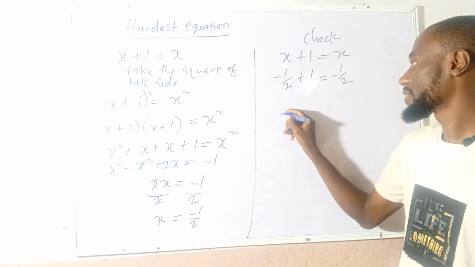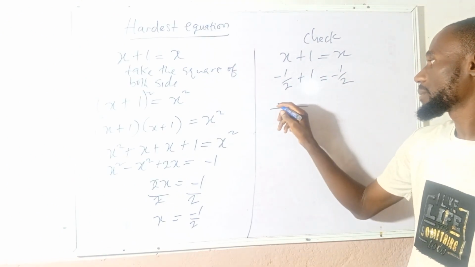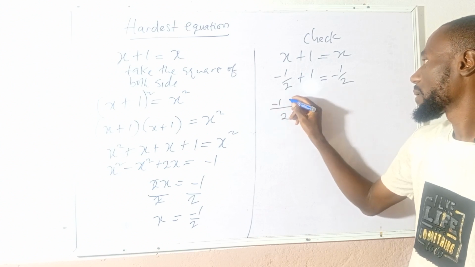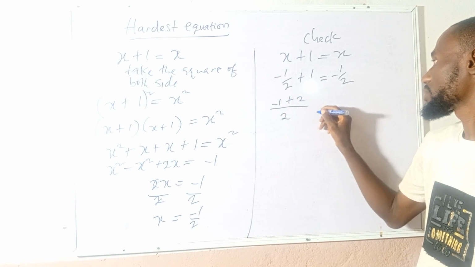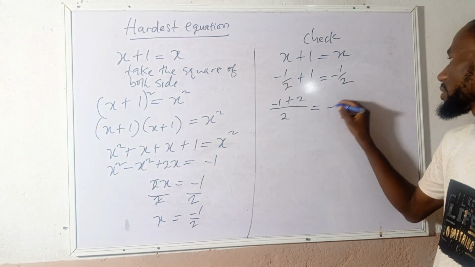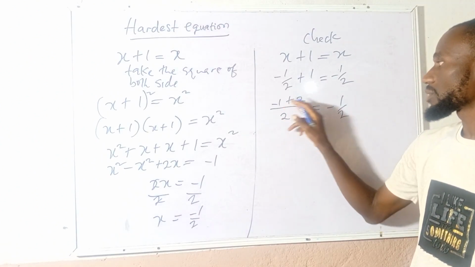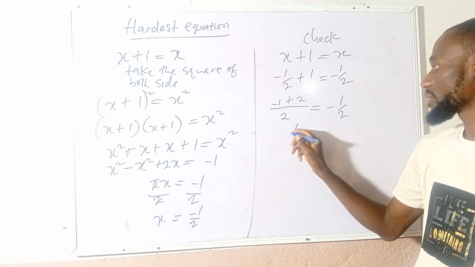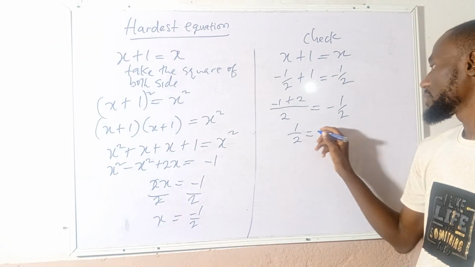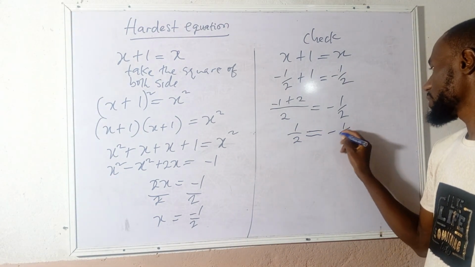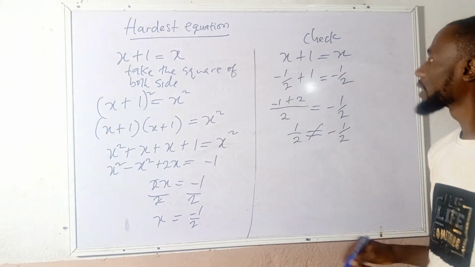We have 2 all over minus 1 plus 2. This is equals to minus 1 over 2. Minus 1 plus 2 is equals to 1 over 2. This is not equals to minus 1 over 2.